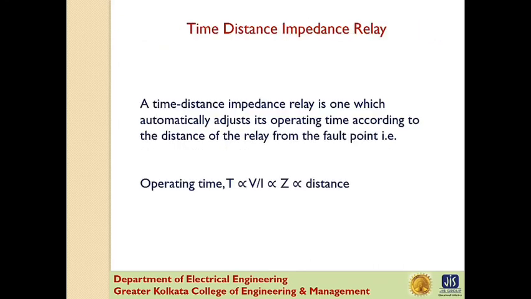Next is the time distance impedance relay. A time distance impedance relay is one which automatically adjusts its operating time according to the distance of the relay from the fault point, that is operating time T is proportional to V by I, or proportional to Z, or proportional to distance.